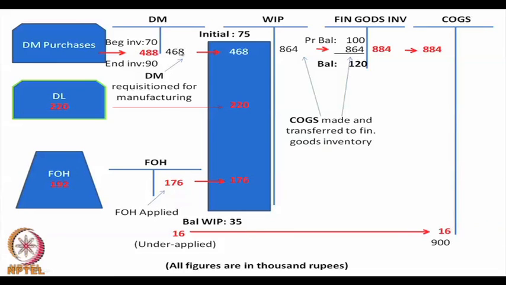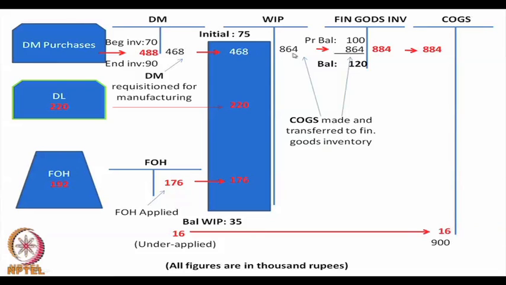Whatever is entered in black, the values are actually given: the beginning inventory, the end inventory, the initial value of WIP, the final value, finished goods initial, finished goods final. These values are given, and how much direct material was used was also given.